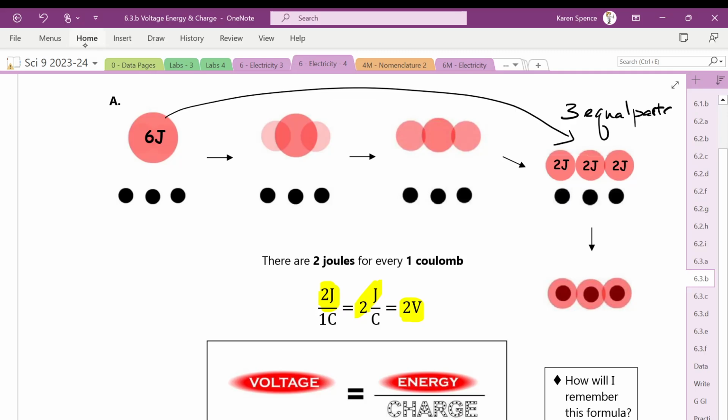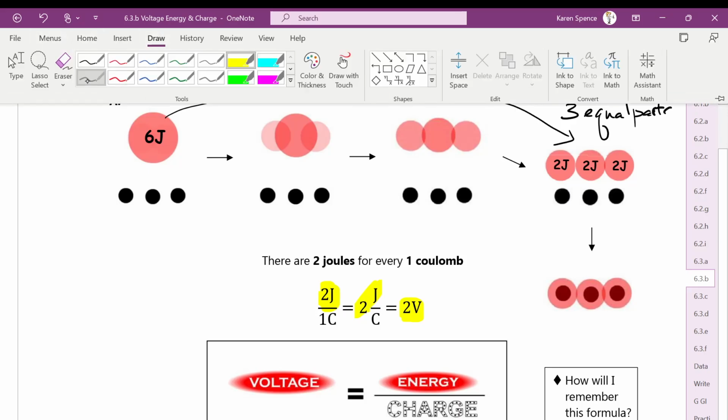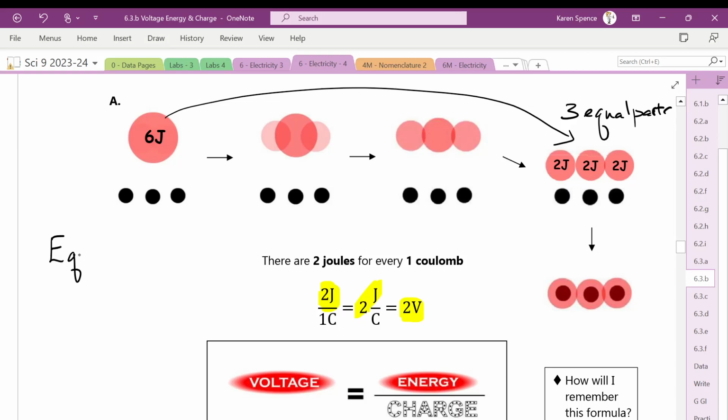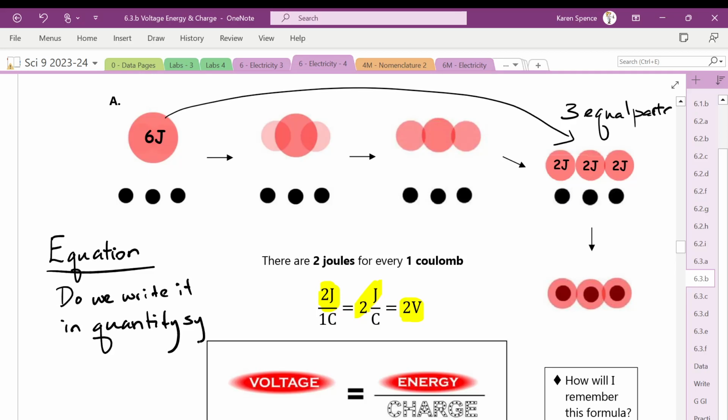Now, when we write an equation, do we write the equation in quantity symbols or units? The thing about voltage is like energy.